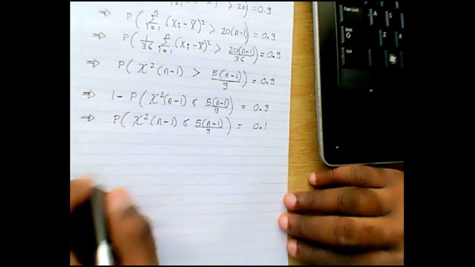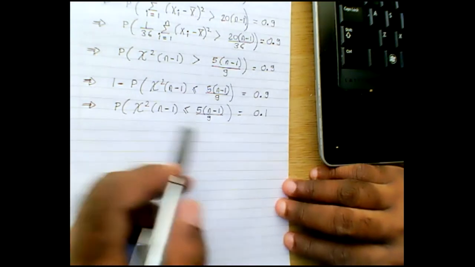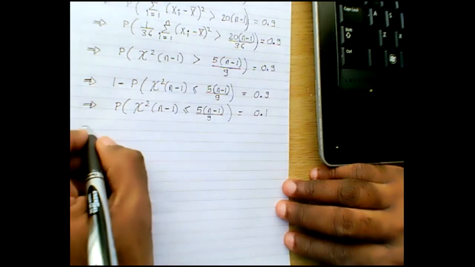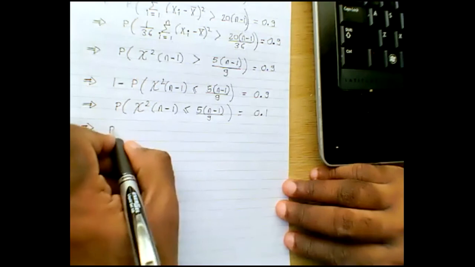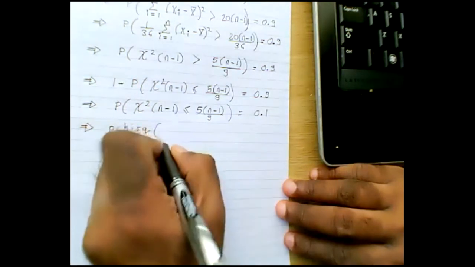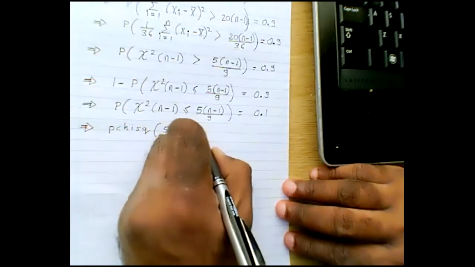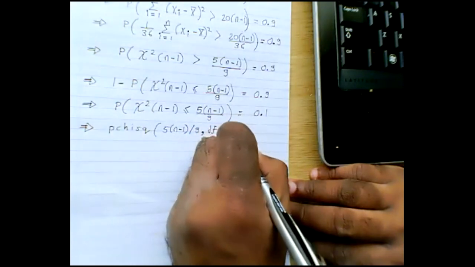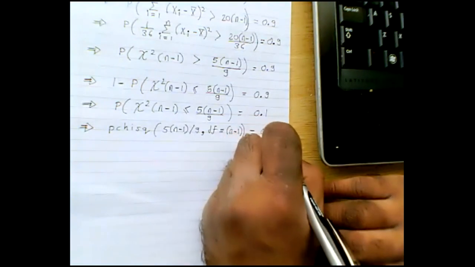Okay. Now you cannot solve this by hand. So to solve this, once again you will need to use R. So in R, you can write the left hand side as P chi-squared 5 times n minus 1 divided by 9, and the right hand side is 0.1.